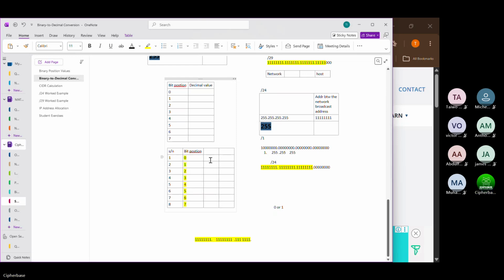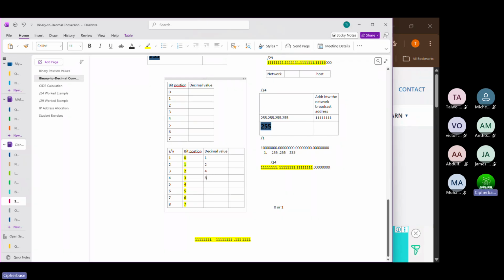Then under this decimal value, of course, we have 1, we have 2. You will understand how we explain. We have 4, and we have 8.